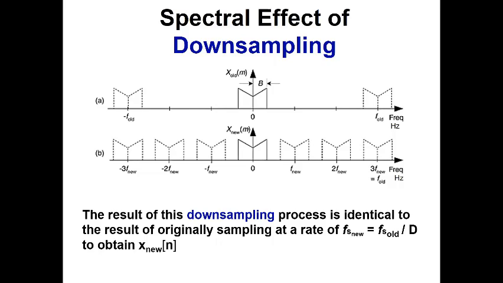When I throw away those extra samples, the remaining samples, and their spectrum, should look exactly like a signal that was sampled at that lower rate, at that new f sub s new. So now around every integer multiple of that, we should have a copy of the original spectrum. And so we'll cram in more copies in the analog frequency range when we have that lower sampling rate.